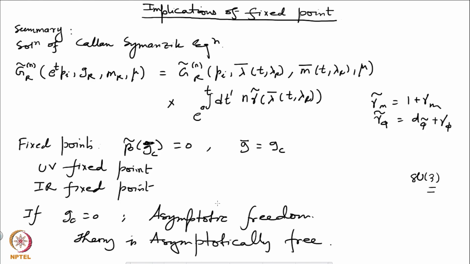That is why you can do calculations in this theory at high energies, because at high energies things start behaving like a free theory, as I was telling you in the last video. If the coupling goes to 0, then the effective coupling is very small, and it is essentially a free theory.